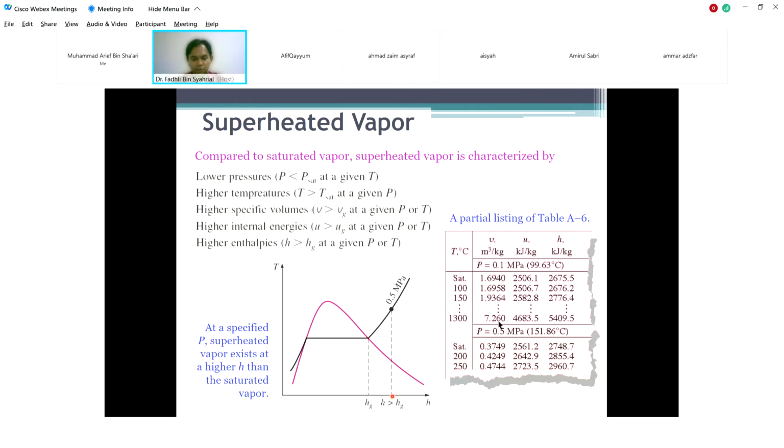This is superheated, and here is saturated vapor. So enthalpy of superheated vapor is higher than enthalpy of saturated vapor, or Hg. These are the characteristics of superheated vapor.